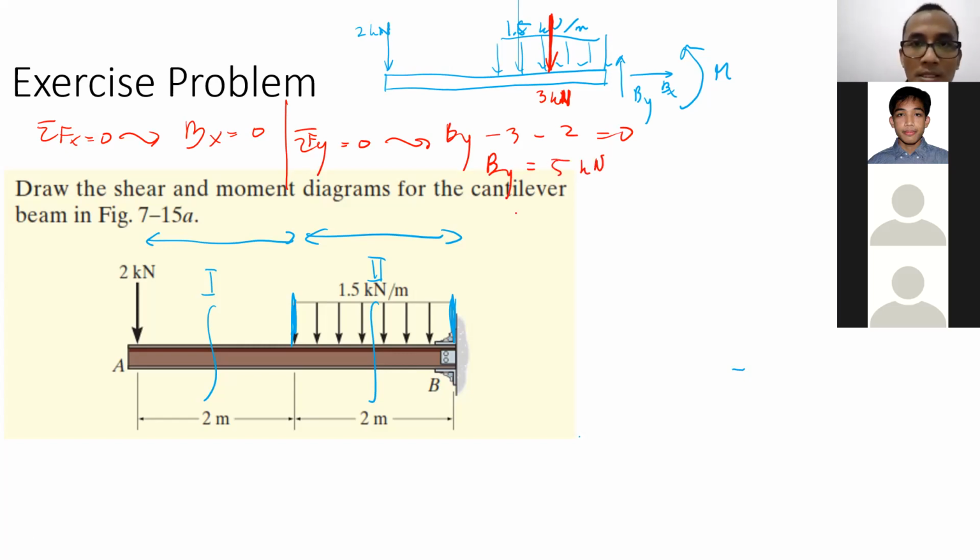And using sigma moment at P equal to 0, what you will get? 3 kilonewton times 1, because the location of the concentrated force is 1 meter from the edge. 3 kilonewton times 1 meter. What else? Plus 2 kilonewton times 2 meter minus m equal to 0, right?